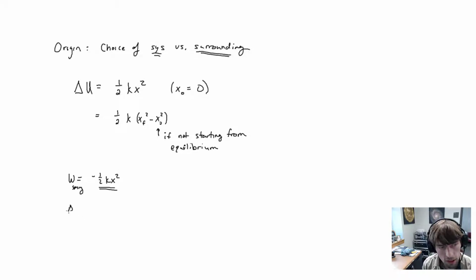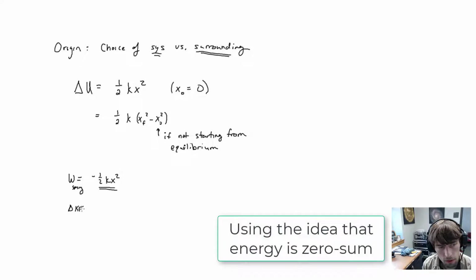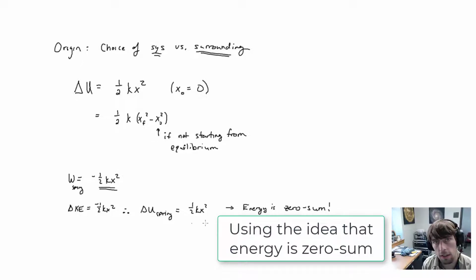So if we include the spring in our system, the change in kinetic energy is 1/2 kx squared. And therefore, our change in spring potential must equal 1/2 kx squared, using the idea of energy being zero sum. If our kinetic energy decreased, then our potential energy must have increased.